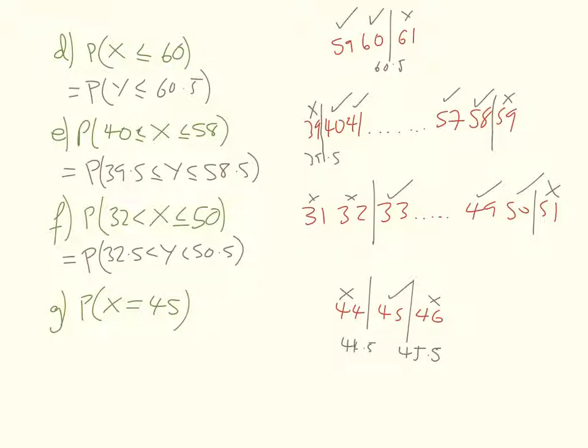So this is the same as the probability that Y is between 44.5 and 45.5. It doesn't really matter if we do these equal signs or not, because we are dealing with a continuous distribution here.